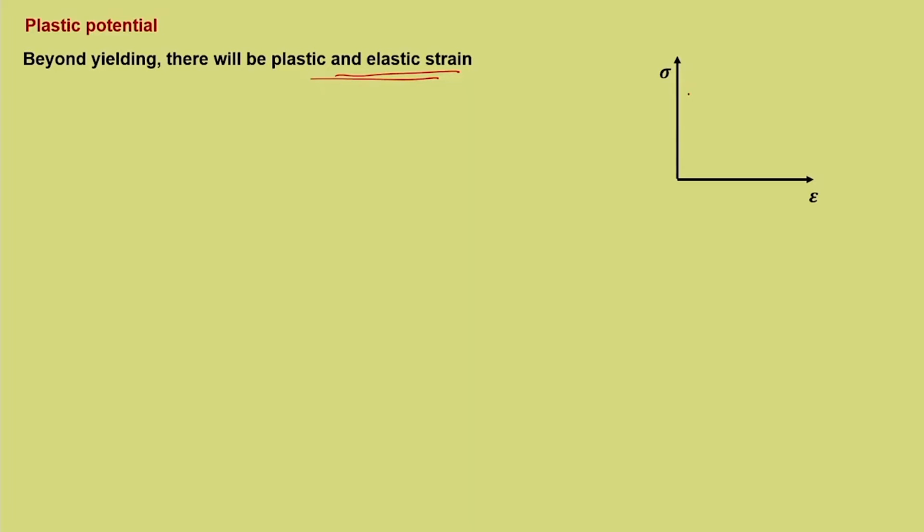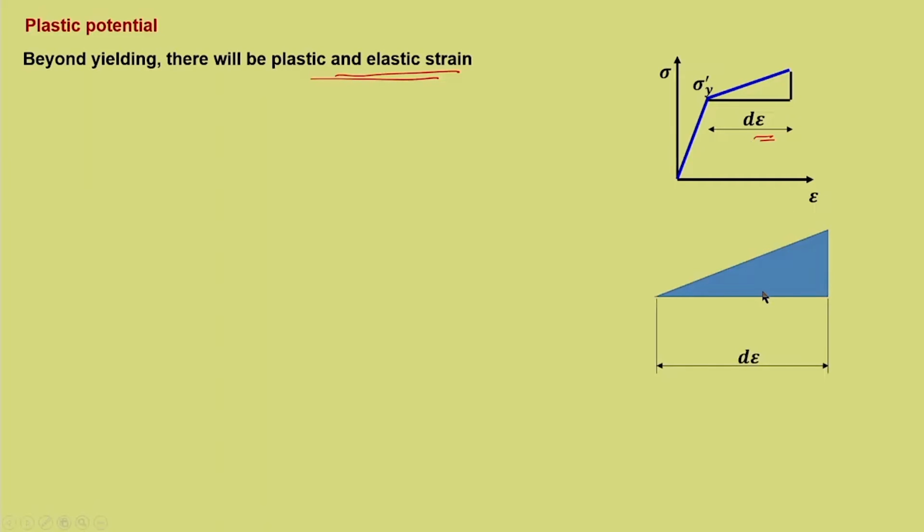So, let us take a typical sigma versus epsilon response. This is elastic response, then it yields, and there is a bilinear response which is shown here. Sigma dash y is the yield point, and this is a typical hardening behavior. And this is d epsilon, that is beyond the yield what is the total strain that is happening. Now, if I expand this and show here, this is the total strain that is happening beyond yield.